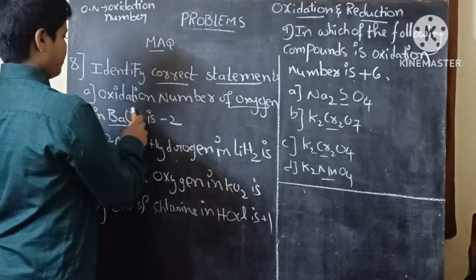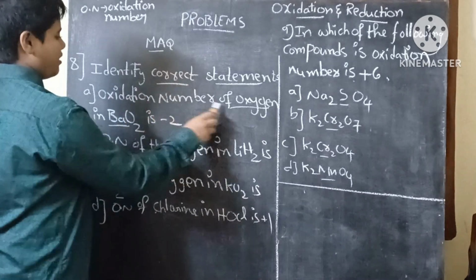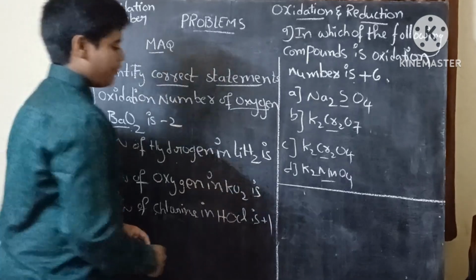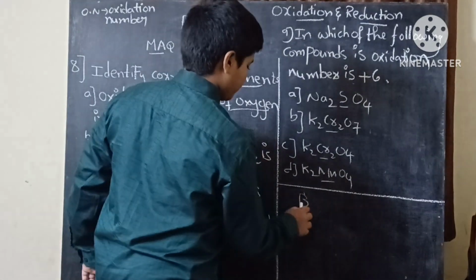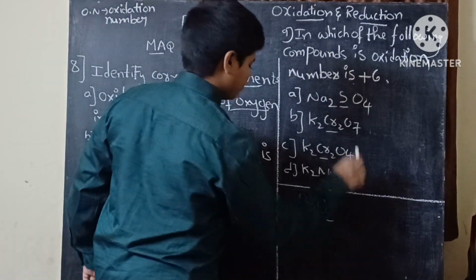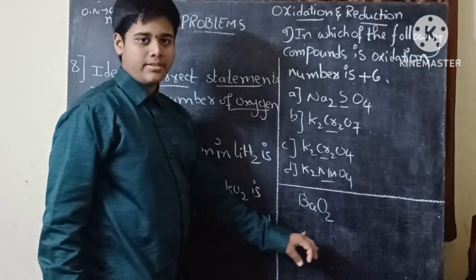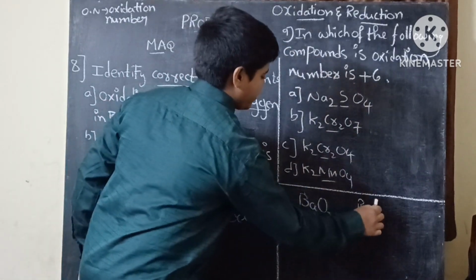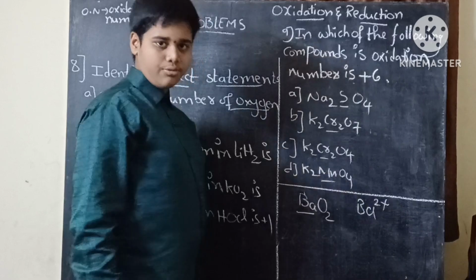So in the first statement, the oxidation number of oxygen in BaO2 is minus 2. If we find the oxidation number in BaO2, I am taking Ba has residual charge of 2, Ba plus 2.